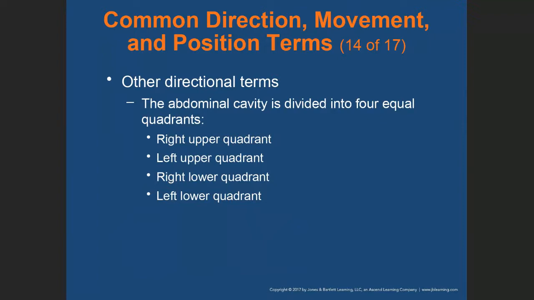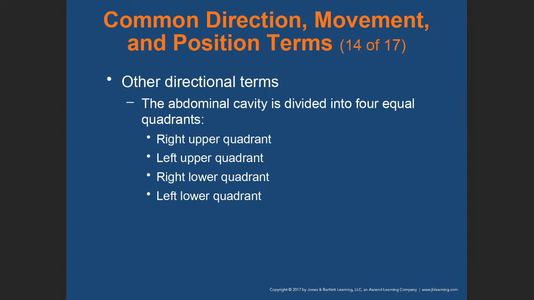Other directional terms, the abdominal cavity is divided into 4 equal quadrants for the EMT level. As you go higher in medicine, it will be divided into 9 portions or sections, but at the EMT level, it's just 4.